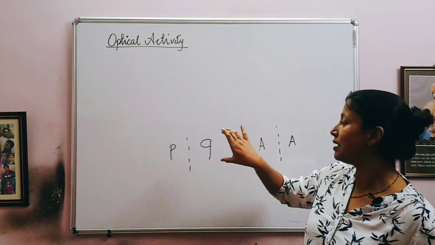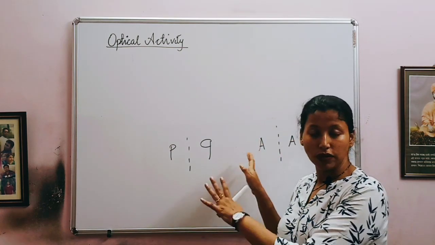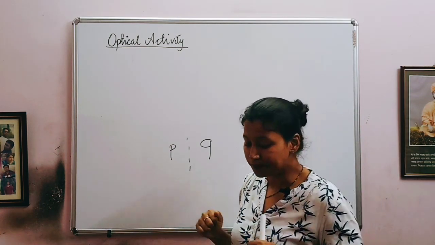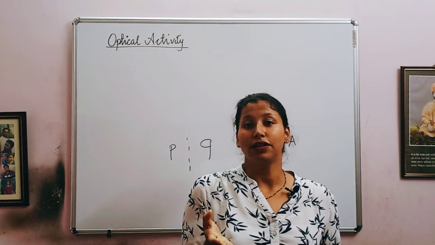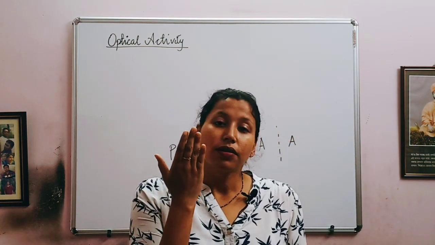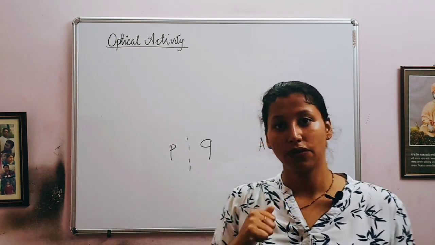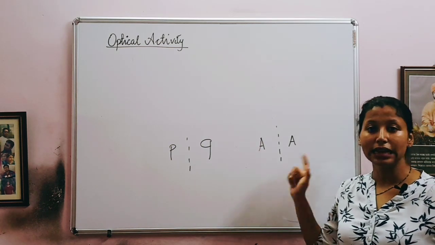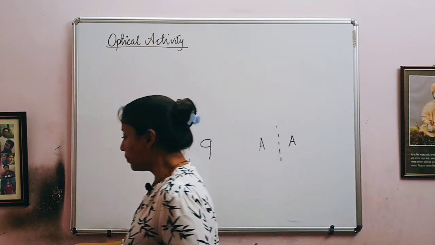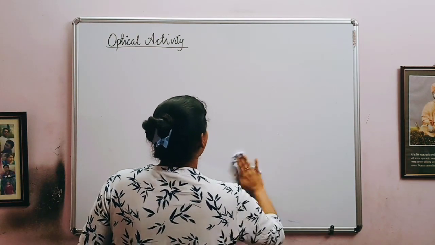If I bring it and try to superimpose it on its mirror image, it is not possible. This shows that there is some criterion for compounds or objects to show optical activity. That means this one is optically active, this one is optically inactive. Now, what is that criterion? Let's see.